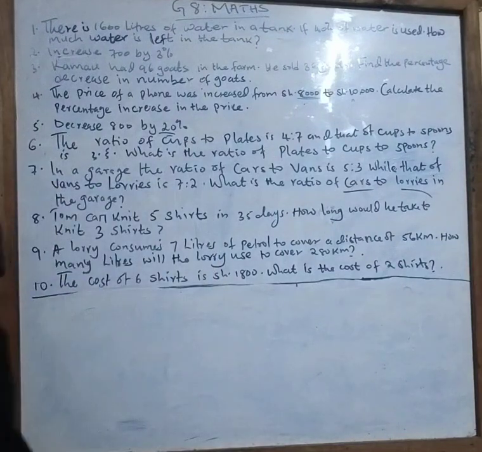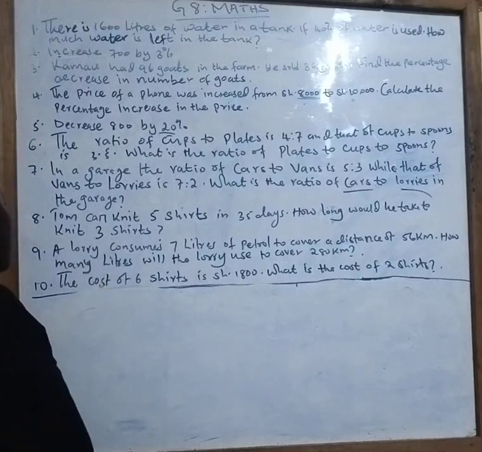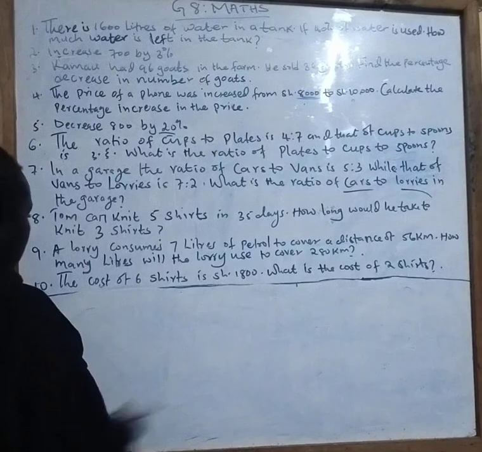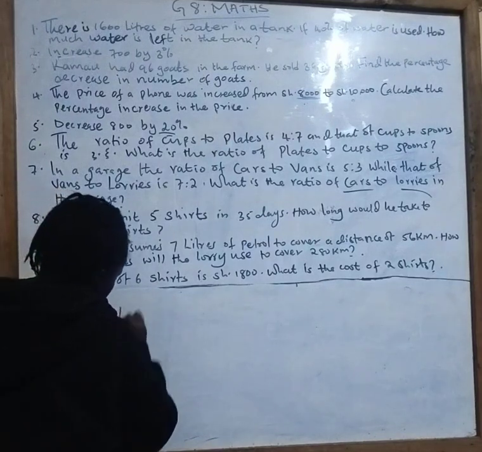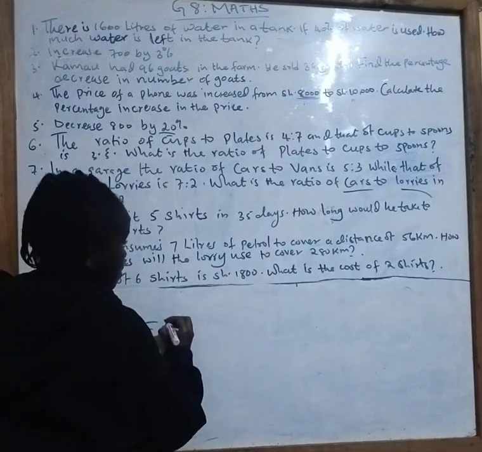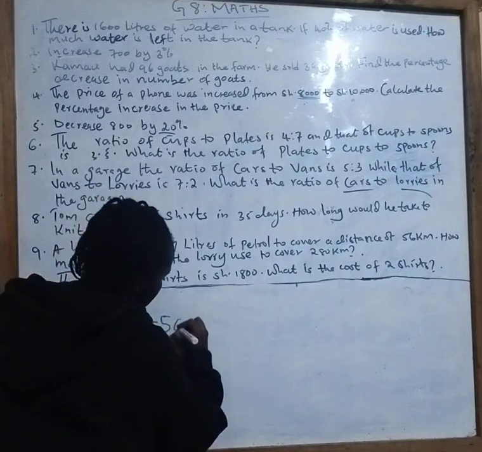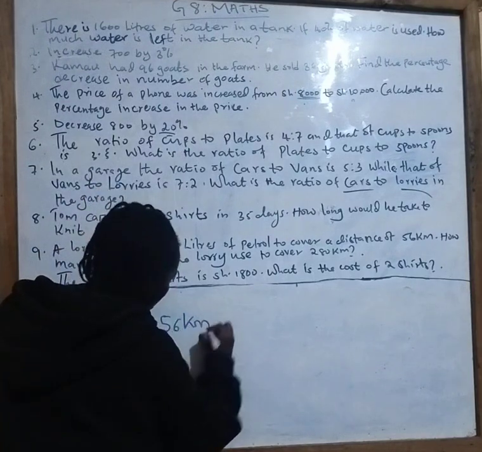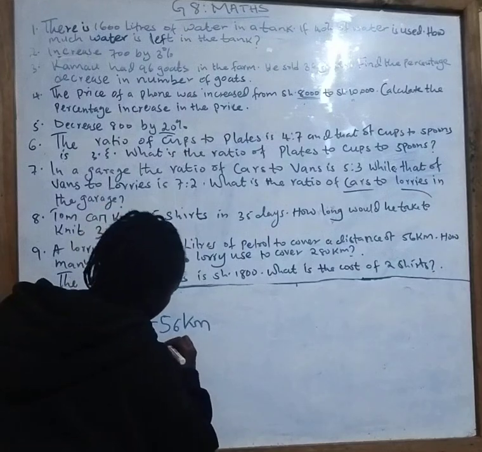Question 9. A lorry consumes 7 liters of petrol to cover a distance of 56 kilometers. How many liters will the lorry use to cover 280? Now, 7 liters is equal to 56 kilometers. What about 280 kilometers?